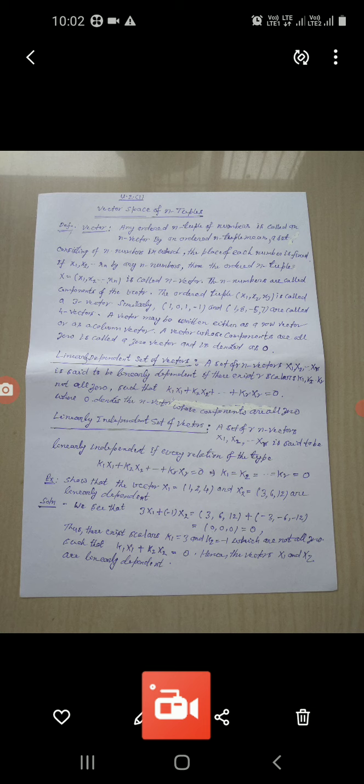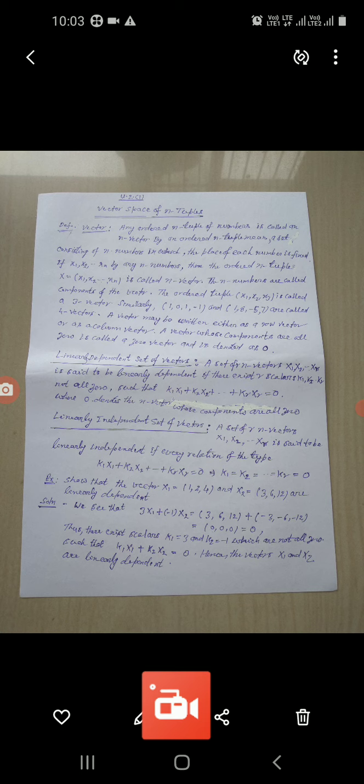Means any vector which has n components is called an n vector or n tuple vector. The n numbers are called components of the vector. The ordered tuple x1, x2, x3 is called a 3 vector, since there are 3 components.